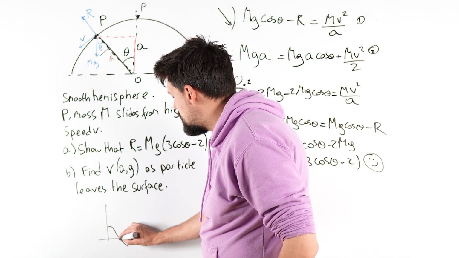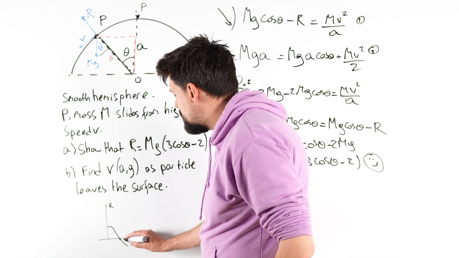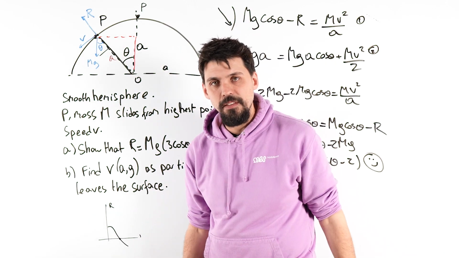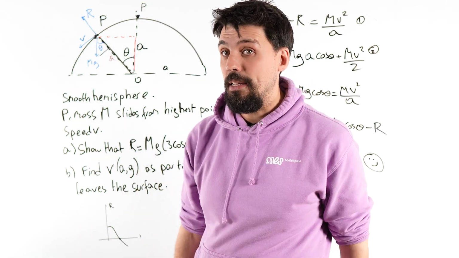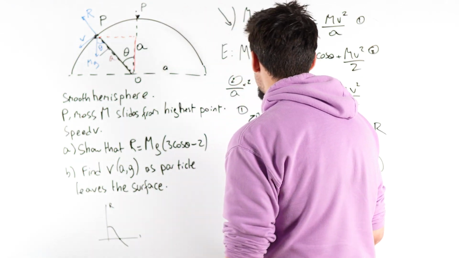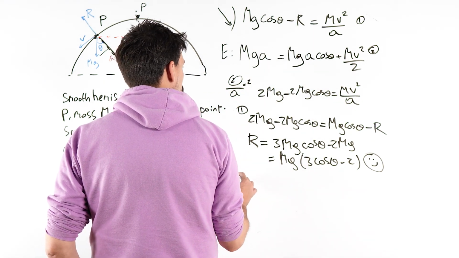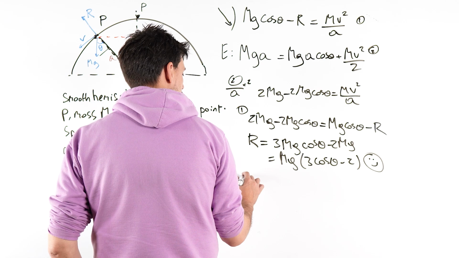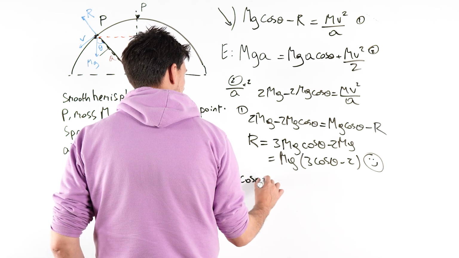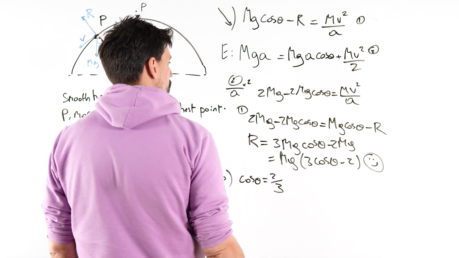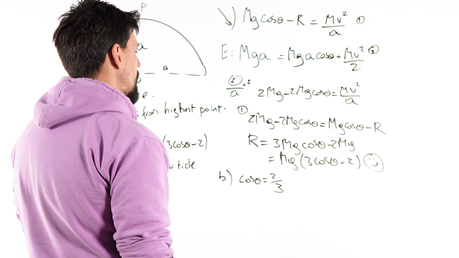And as theta increases, at some point, my reaction force hits 0 and then becomes negative. But the reaction force cannot be negative. So really what we're saying is, when does it leave? Well, it leaves when cos theta is equal to 2/3. That is when it leaves.